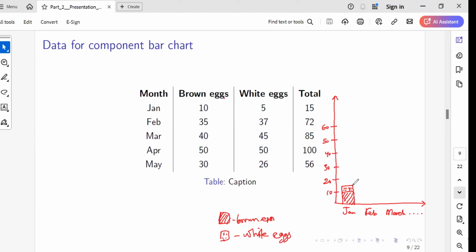Now in February, I have 35 and 37. It means that my y-axis has to go up a bit. If I start here with 35 as my brown eggs, I'm going to count 37 in addition. So I'll just pick my calculator. 35 plus 37 is what? 72. So I know I need to go up: 70, 80.